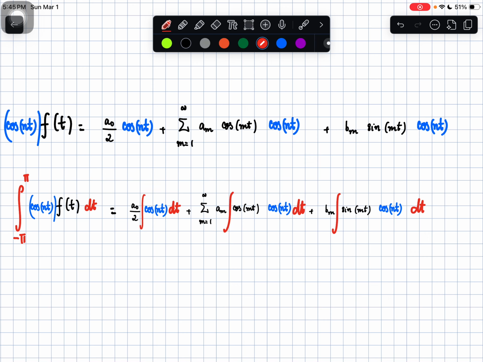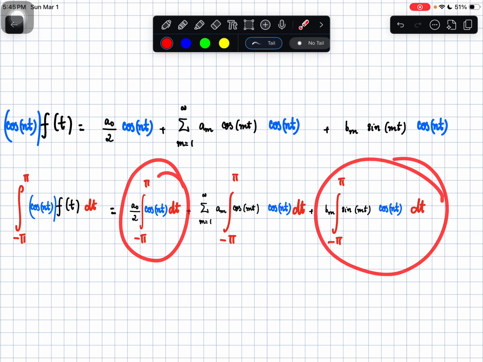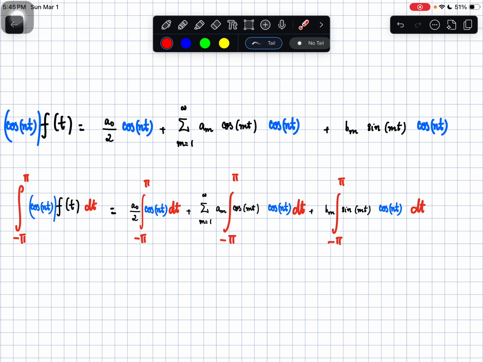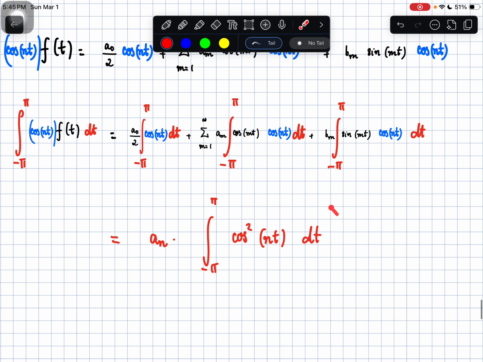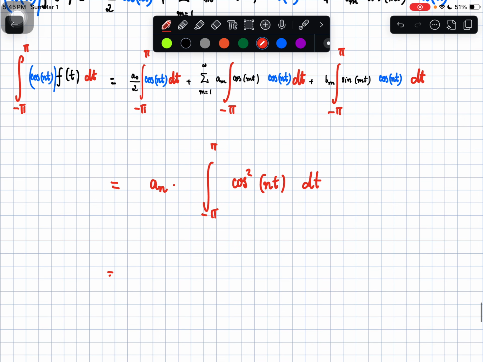Integrate these terms from minus pi to pi. So this one is 0, this one is 0, and the only non-zero term is when m equals n. When m equals n, you have a_n times the integral from minus pi to pi of cosine squared nt dt, and this equals pi times a_n.